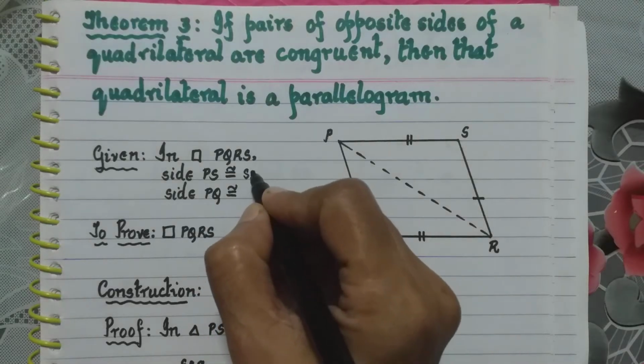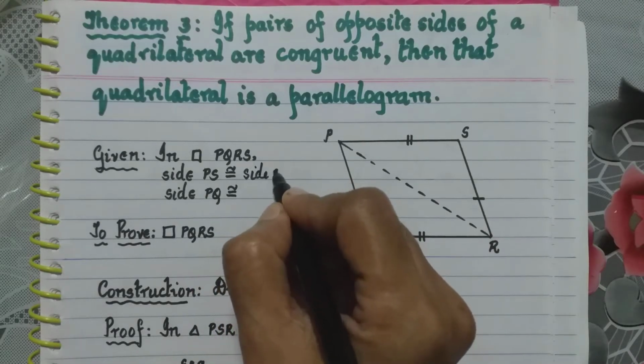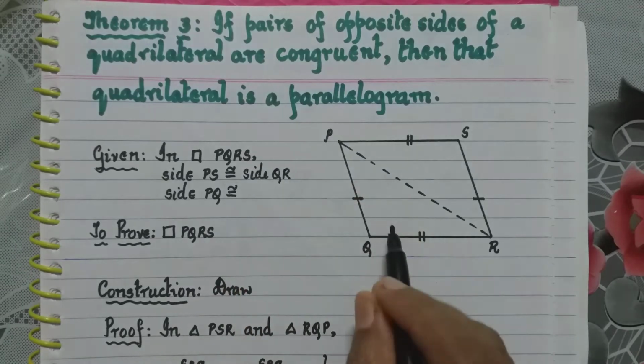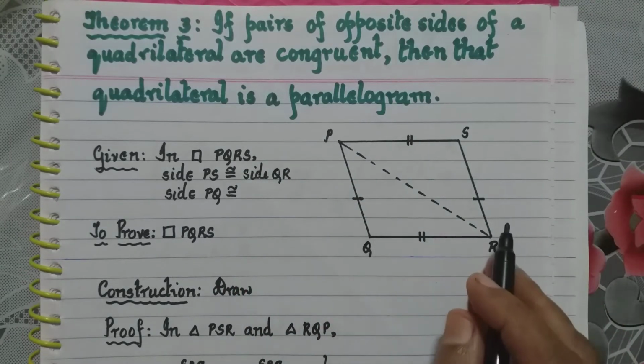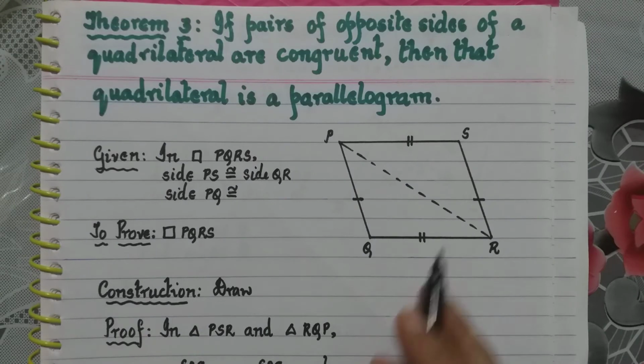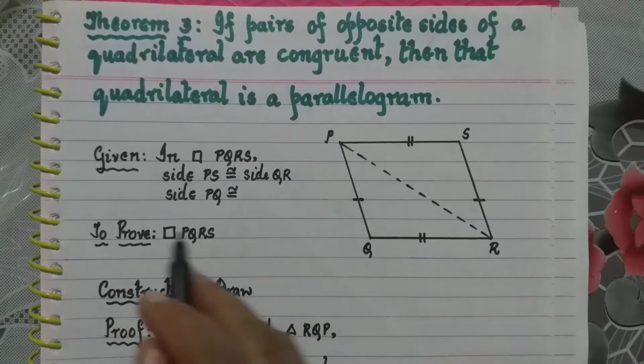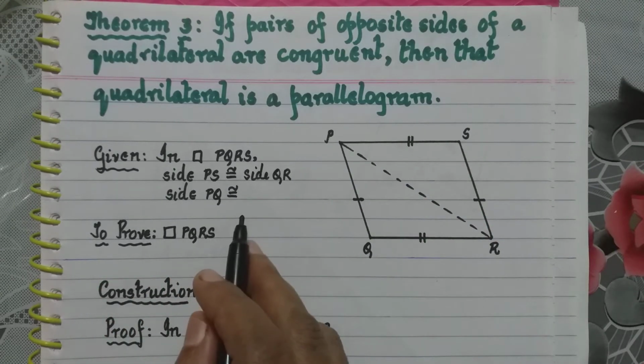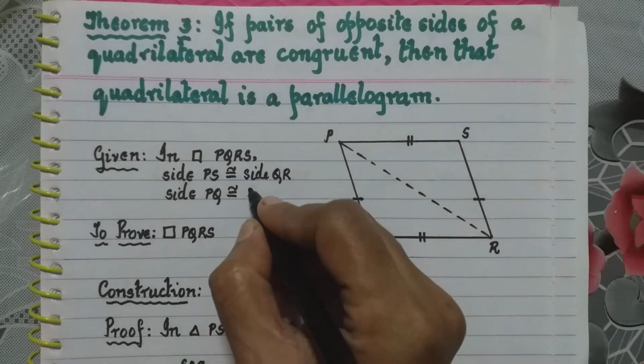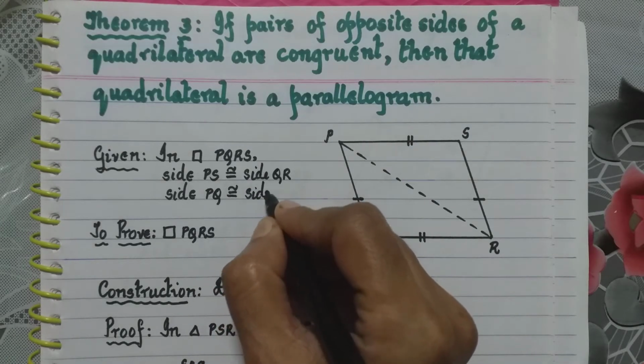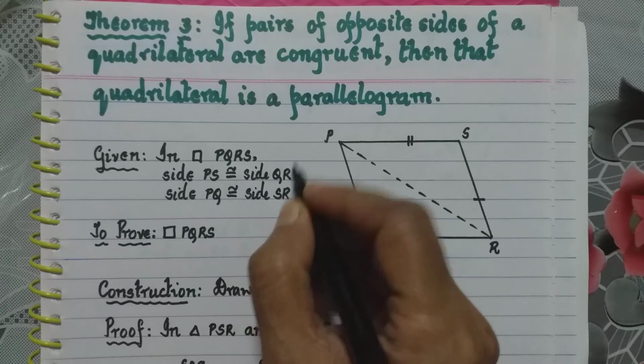So, we write here side PS congruent to side QR, and the other pair of opposite sides are side PQ and side SR. So side PQ is congruent to side SR. So what have they said?